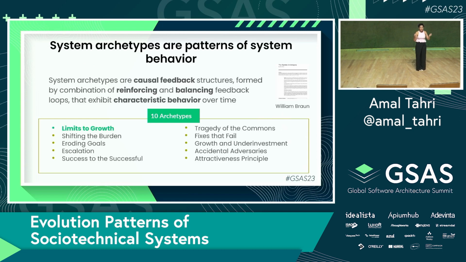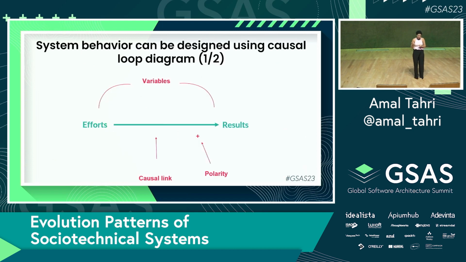We have reinforcing feedback loops, and we have balancing feedback loops. In his research, William Braun has stated 10 archetypes, but in this talk, we're just going to deep dive into one, which is the limits to growth.